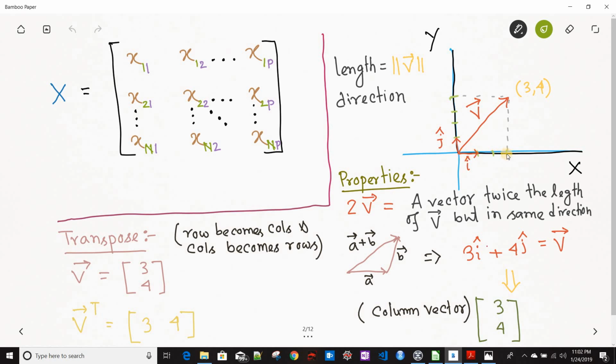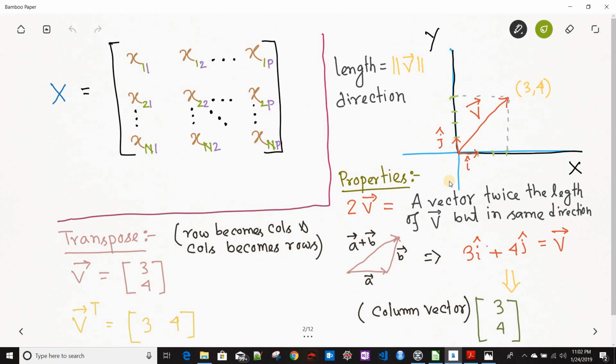That means we are going 3 times along one axis and 4 times along the other. So 3i will be this vector up to this point, and 4j will be this vector. If we add those two vectors, we get v. This is exactly what I am doing here, correct?